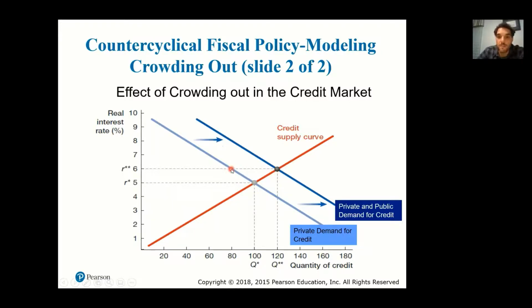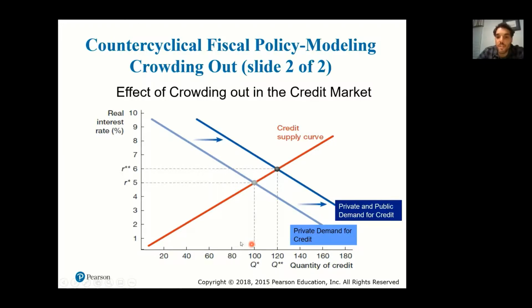Now, because the interest rates increased by 1%, from 5% to 6%, quantity demanded of credit by private households and firms is actually going to decrease to, let's call this, $80 billion.